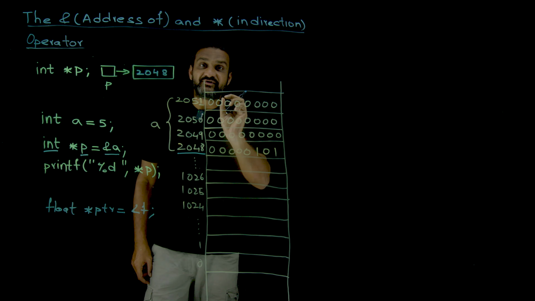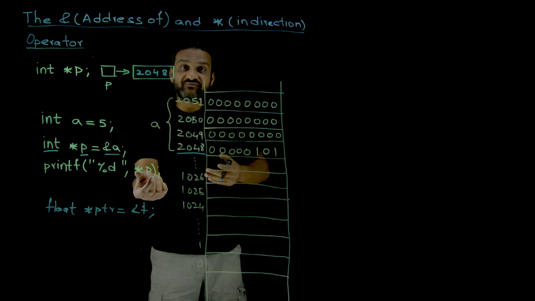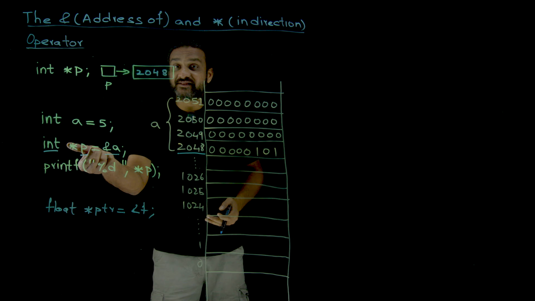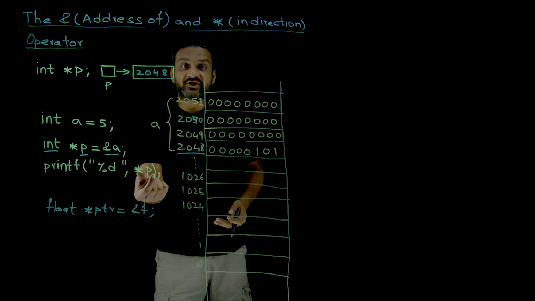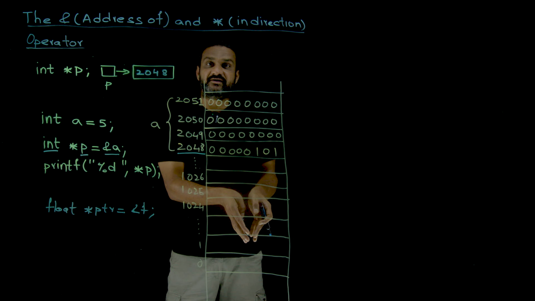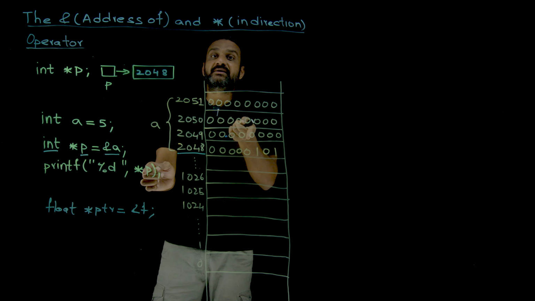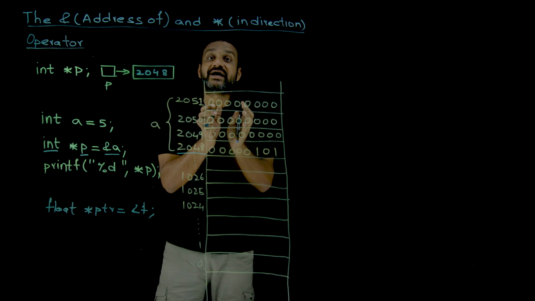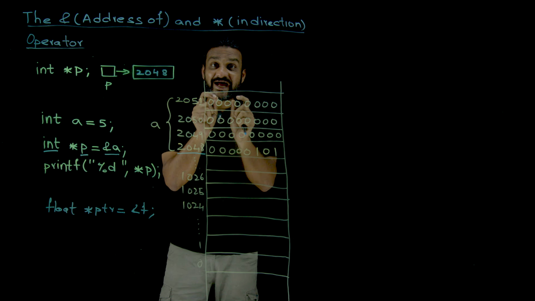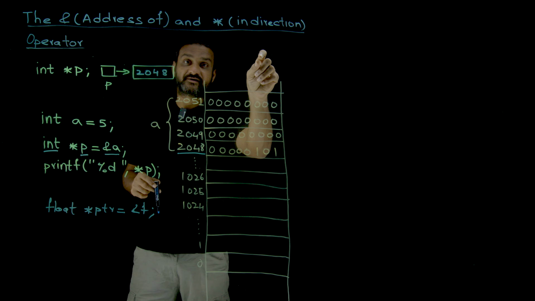Always try to understand that whenever we use star P within our program, other than this declaration, it means we are entering into the memory. The address to which this P is pointing to, in that memory location, what is the value being stored? That is the use of this indirection operator.